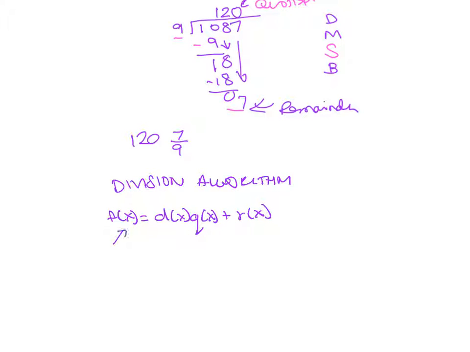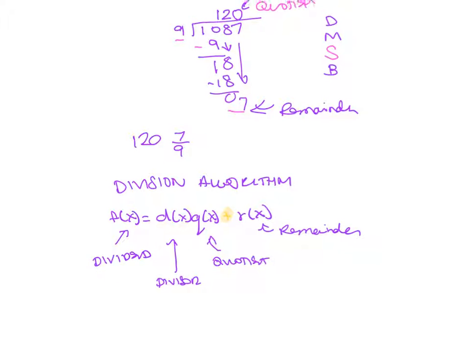So this is our dividend. D of x is our divisor. Then the q of x is our quotient. And the r of x is our remainder. The big thing I want you to note is that the remainder, we are adding that at the end.